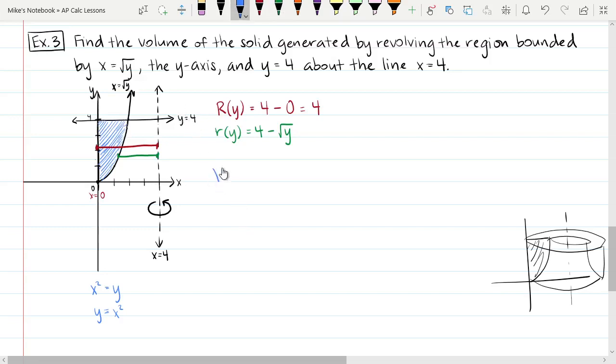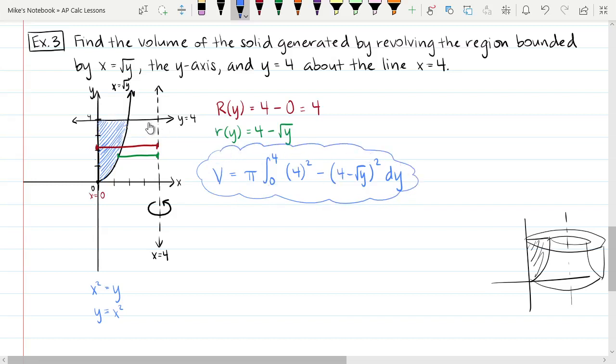So that means our volume will be pi times the integral from 0 to 4, again it's the y values, of big R, so that's 4 squared, minus little r squared, so 4 minus the square root of y squared, dy. And that right there is our integral that would give the volume of the solid if we were to revolve that region around x equals 4.